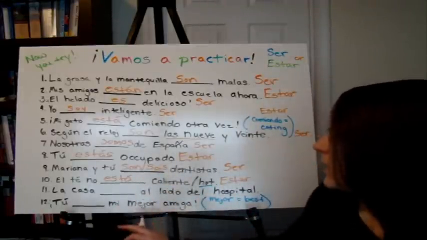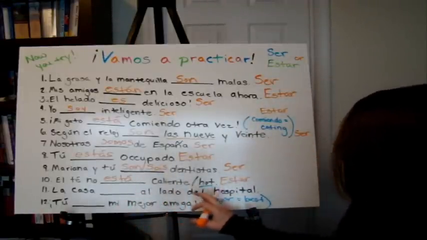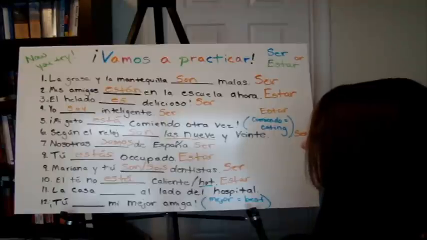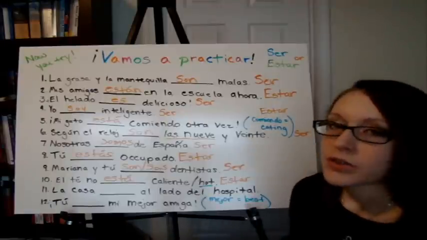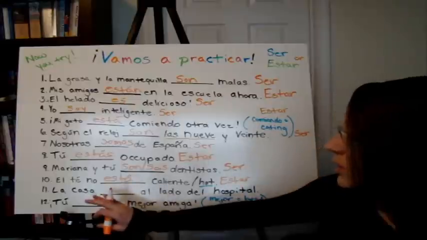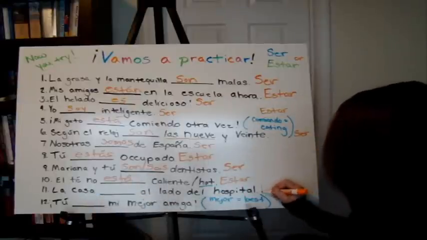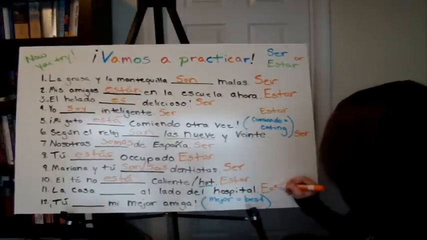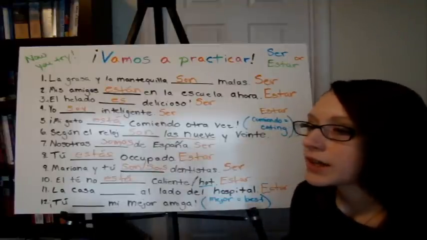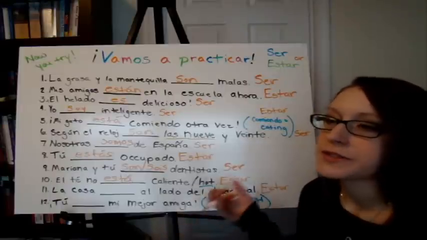Ok, número 11. La casa al lado del hospital, saying the house is located next to the hospital. Now, this is one that confuses people sometimes because it is location, and that is going to make it estar. But some people say you can't take a house and physically move it.